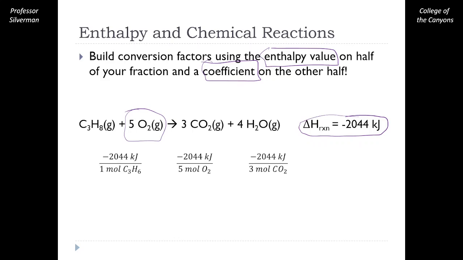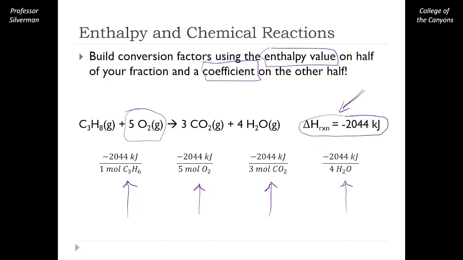If we care about water, we can build that conversion. Because our reaction is balanced with that delta H in mind, you can use the coefficient and the number for delta H to build whatever conversion factor that you want. Any of those chemicals can be related to our delta H value.